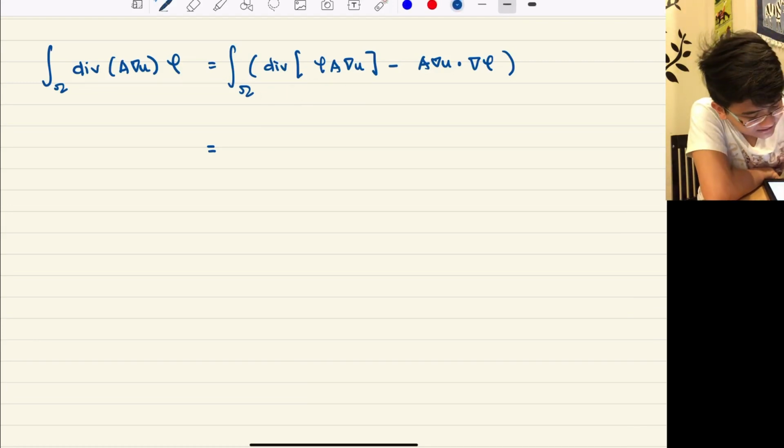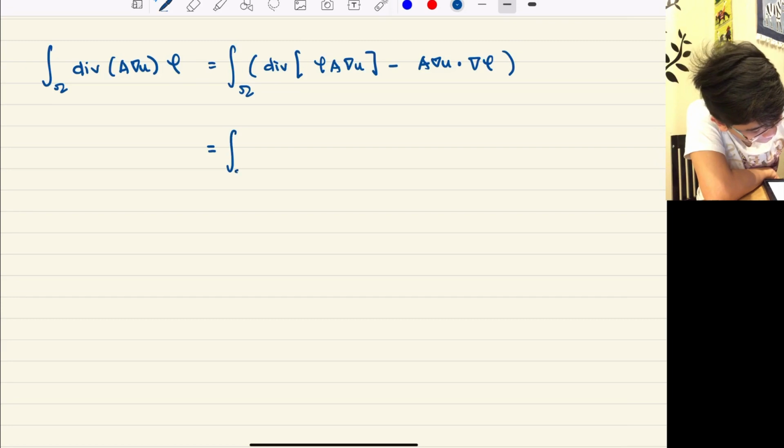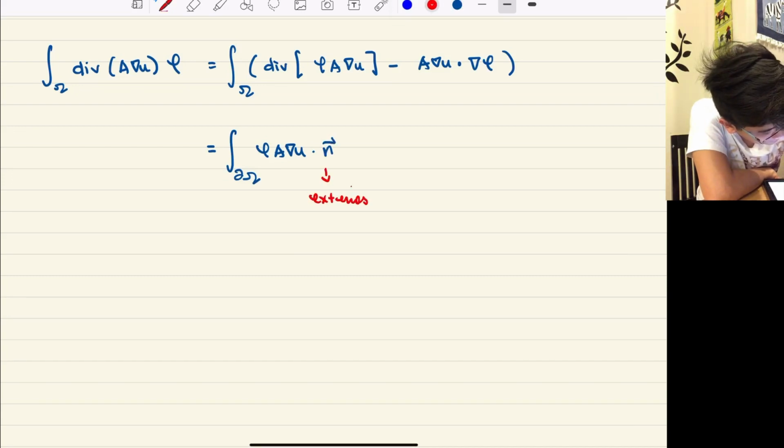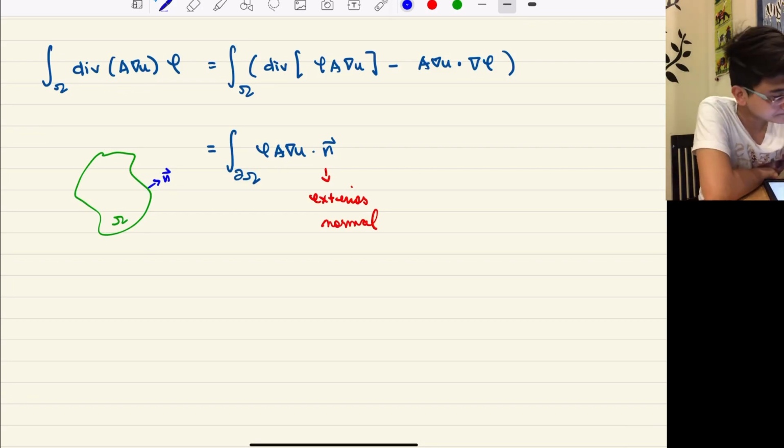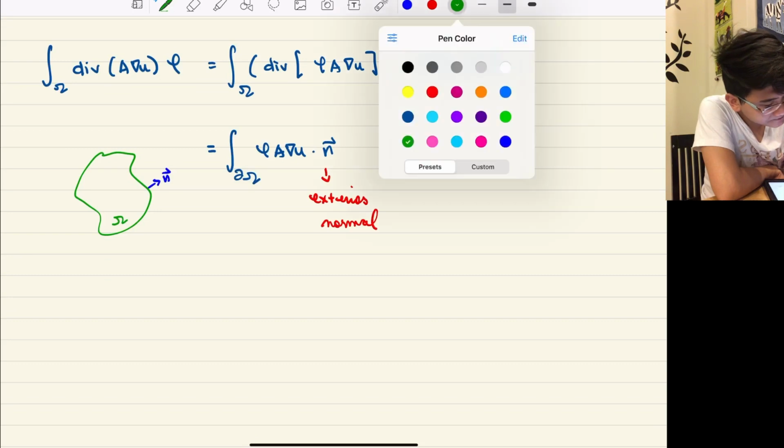So it becomes a surface integral, where we have phi a grad u dotted with n, and this is the exterior normal, just a normal vector pointing outward. Let's draw a quick picture. If this is omega, inside this omega, this is the boundary, n would be something like this. This is n, pointing outward. Okay, so this is just by Gauss divergence.